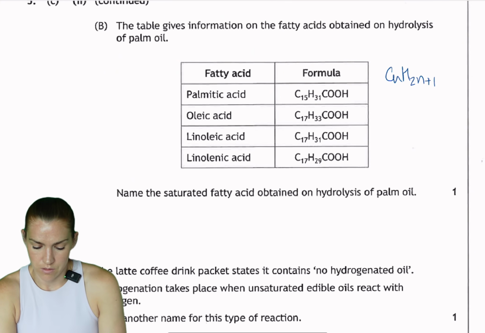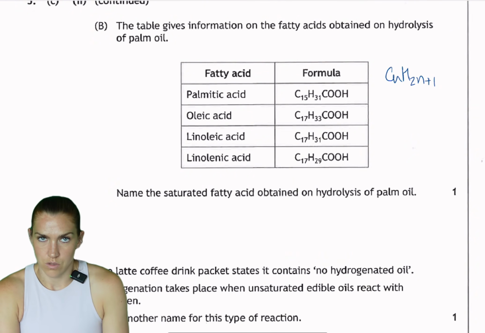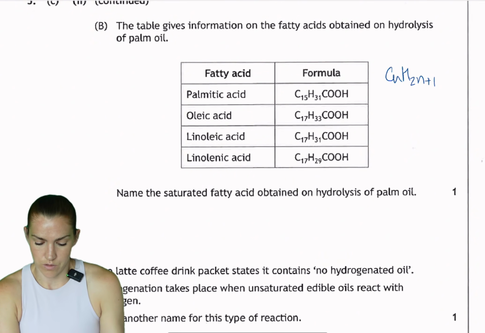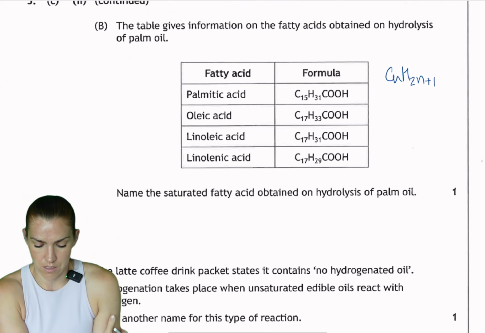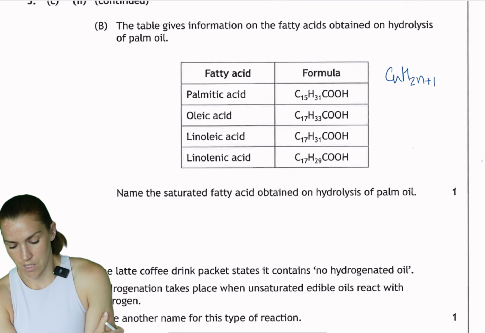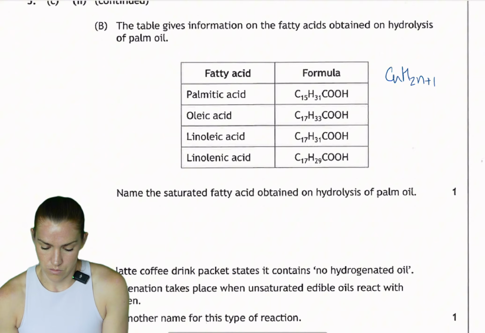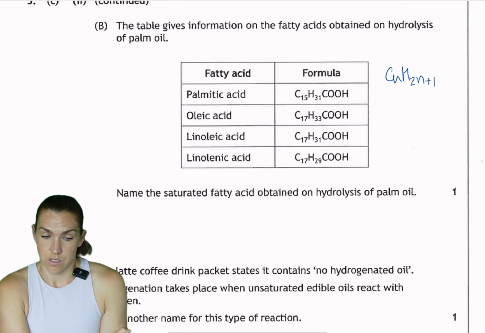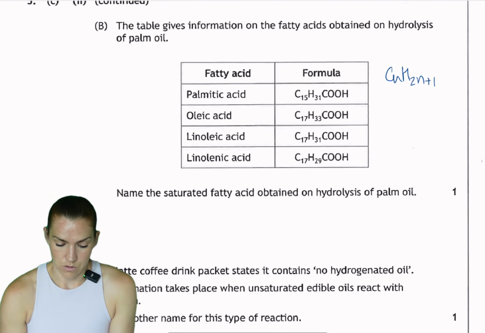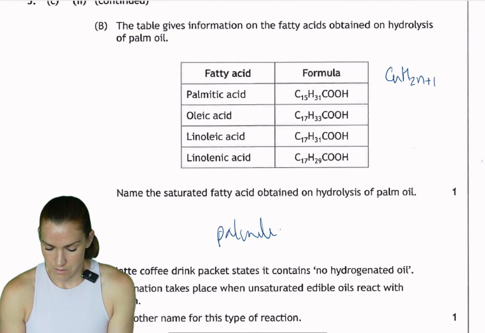But if we just check the others, 17 times 2 is 34, so that one has actually got two less than it needs, so that's going to have one double bond. And all the other ones, if we look at it, they're all unsaturated as well, because for the C17 to be saturated, it would need 35 hydrogens. So our saturated fatty acid is the palmitic acid.